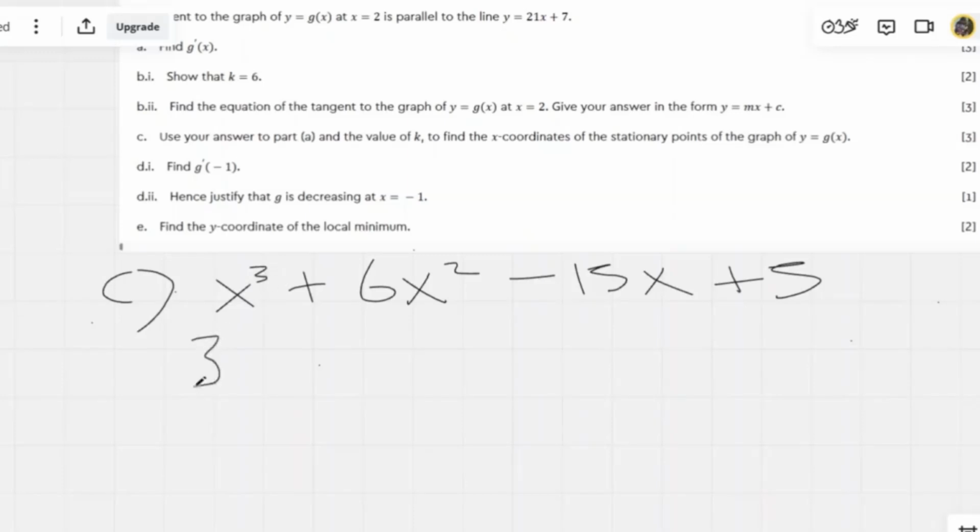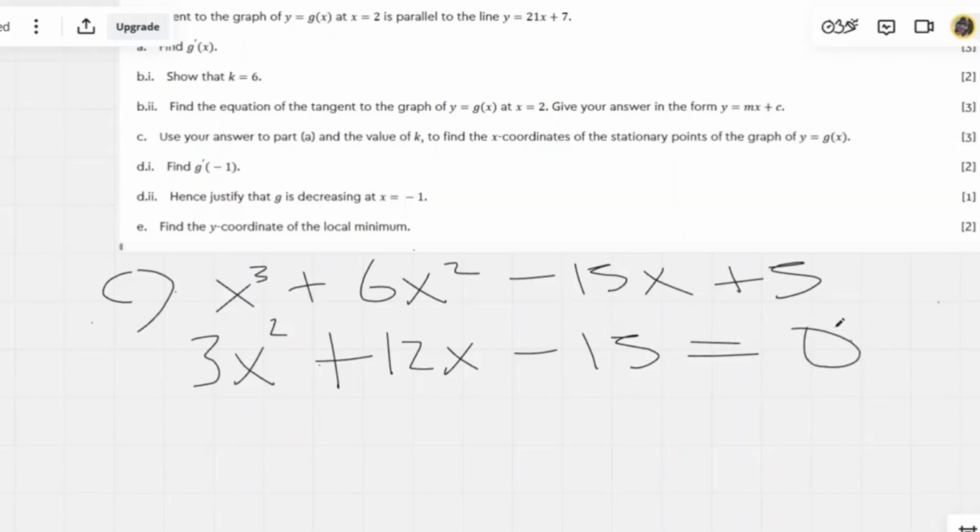And then we have to differentiate this to find the stationary points of the graph of y equals g of x. 3x squared plus 12x minus 15, and then it equals 0.